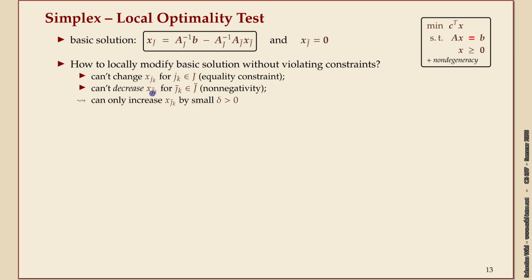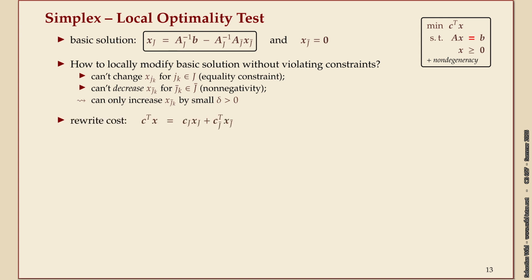And we can't decrease the non-base variables because that would violate the non-negativity. They're already at 0. So the only thing is we can increase the non-base variables and then see what happens to xj, if that makes it feasible or not.